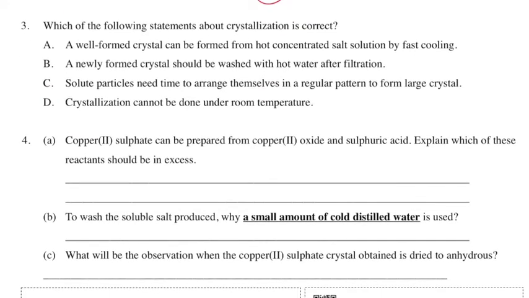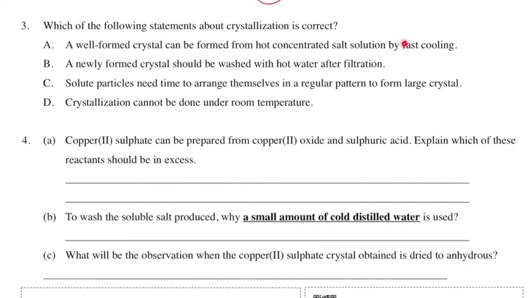Okay, so take a look at the following options. A: A well-formed crystal can be formed from hot concentrated salt solution by fast cooling. For this process, we want to let it cool slowly.